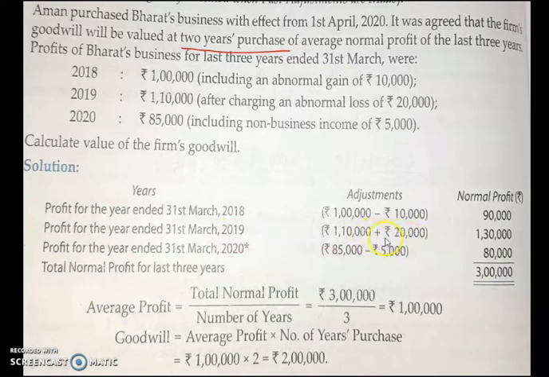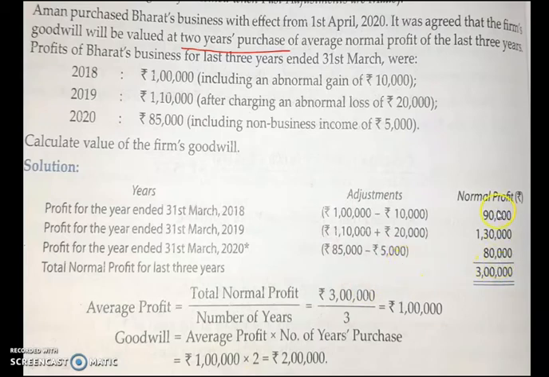Abnormal loss, as per that formula, you have to add. So 1,30,000 you will get as normal profit. Next, 85,000 of 2020. From that you have to subtract the income which is not related to your business. You subtract that and you will get 80,000.